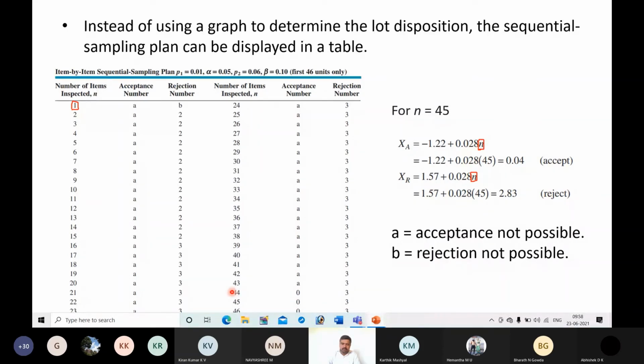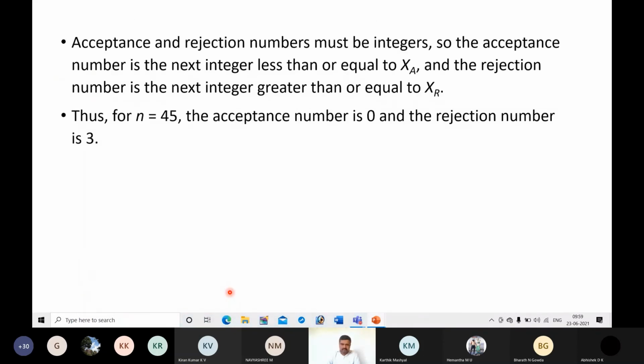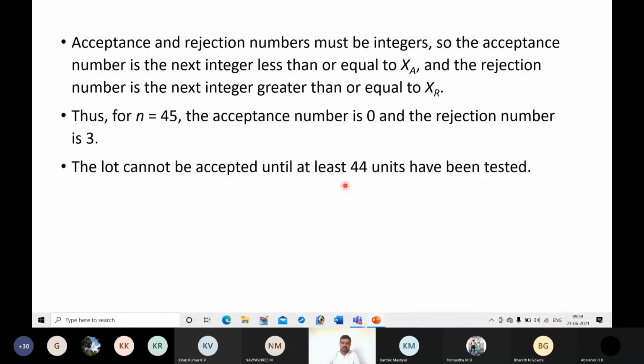Rejection you can do after taking the second sample itself, but in order to accept a lot, you should take at least 44 samples for the given values of P1, P2, alpha, beta. Actually we don't know the exact number, so we should continue with the procedure. The lot cannot be accepted until at least 44 units have been tested.